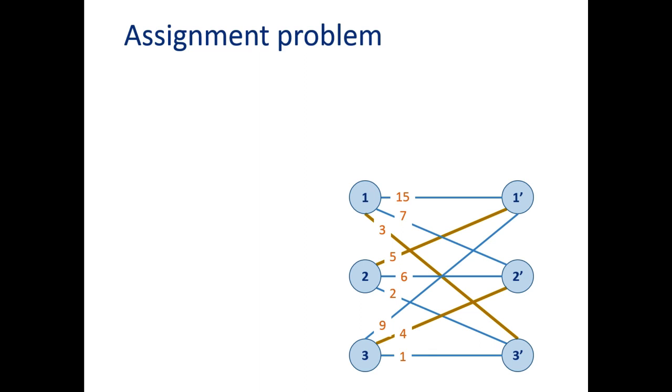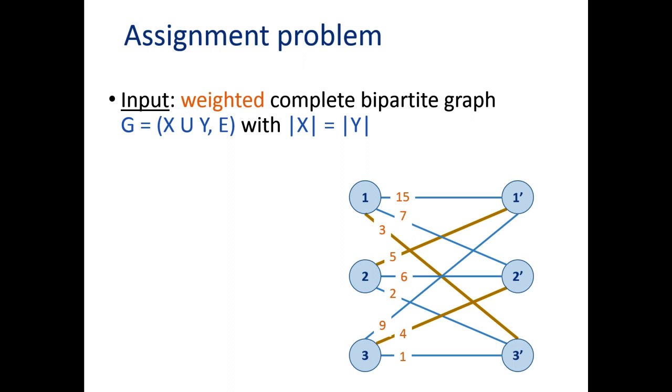The assignment problem is an instance of a matching problem, if you will, in the sense that we still have a bipartite graph, but now my bipartite graph is complete and weighted. Complete: all edges from left to right are present, and weighted: each edge has an associated cost or weight. Today I'm going to use the terms cost and weight interchangeably.